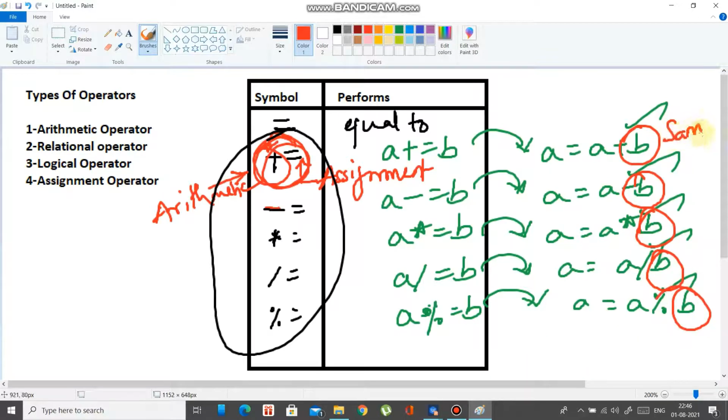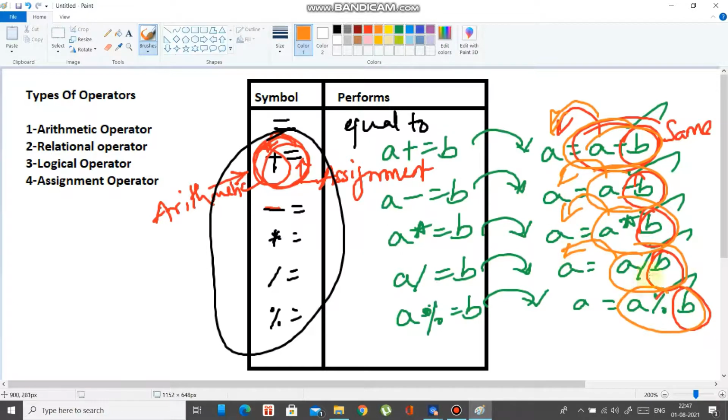Totally, this total value will be applied to A, and this also will be applied to A. I will show you an example while running a Java program.